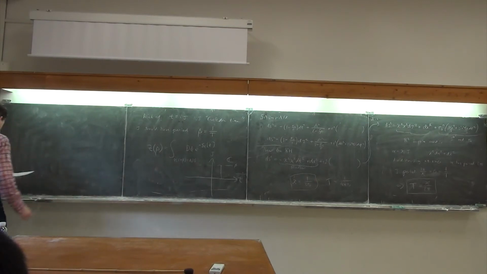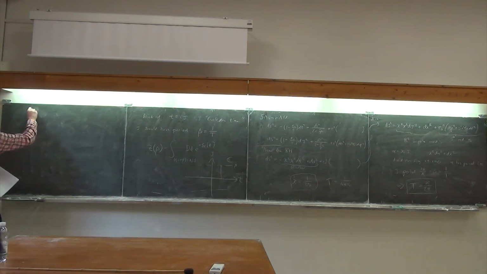For example, it gives a way to study black holes in 2 dimensions, and all kinds of things. But anyway, it's a long subject. So let me instead answer the other question that was before.